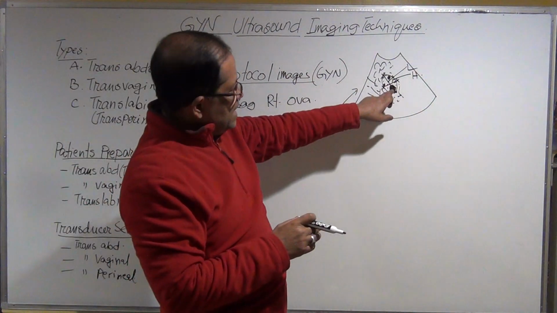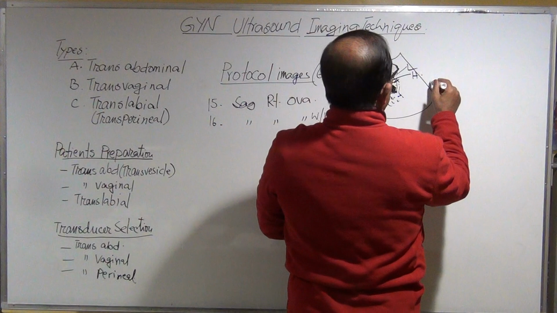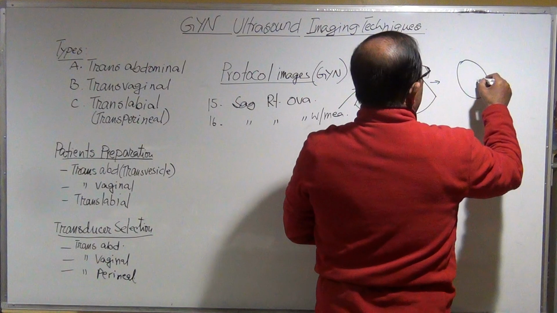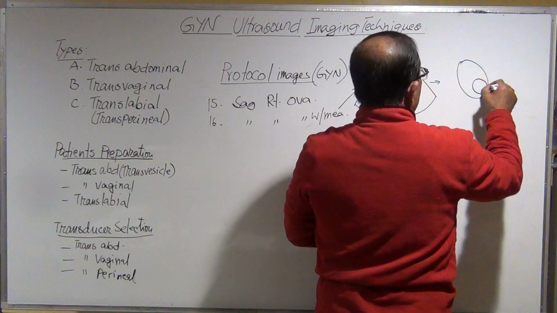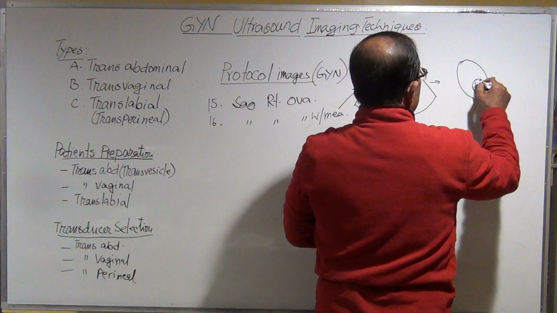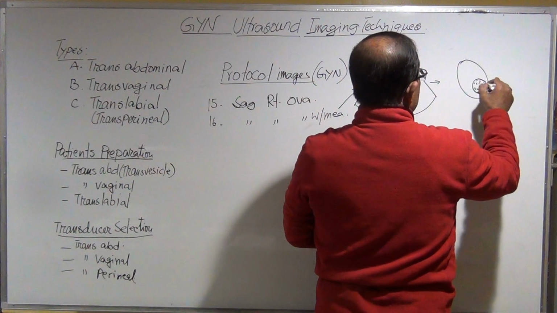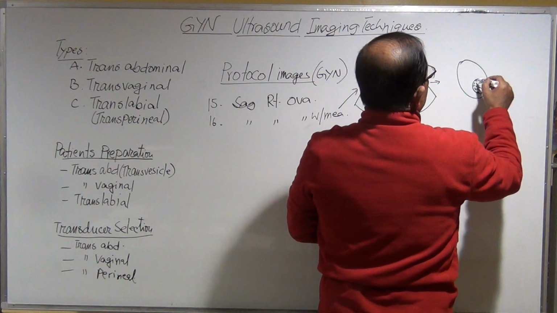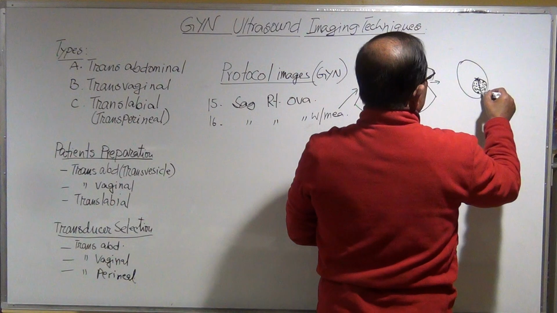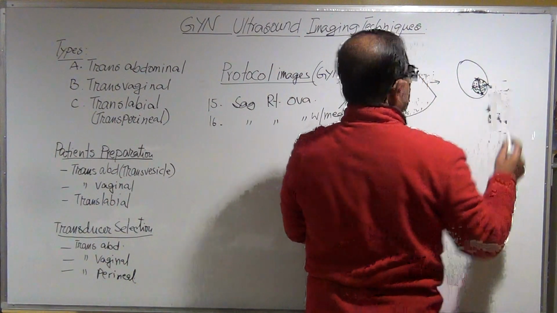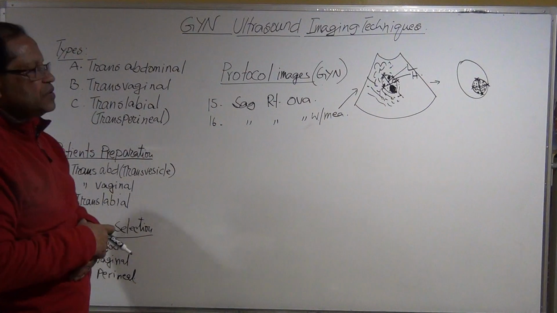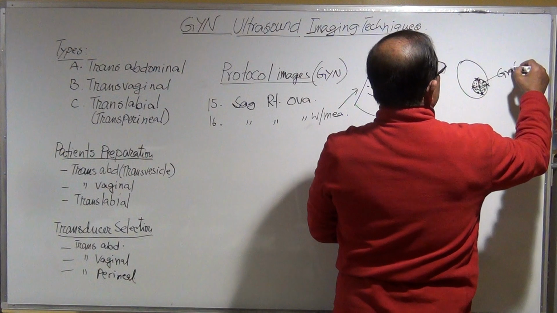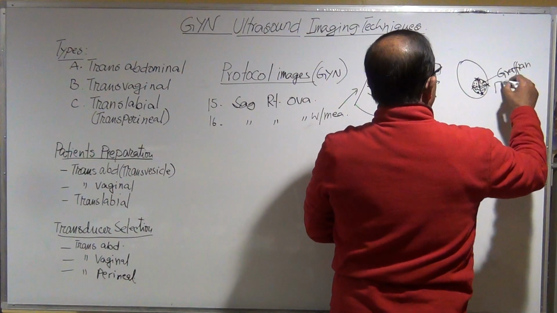If you see there's a follicle, a Graafian follicle, we need to measure the Graafian follicle, its length and height in sagittal view.